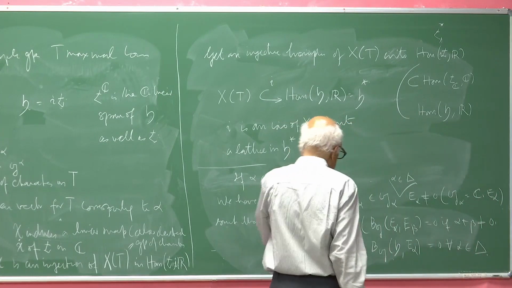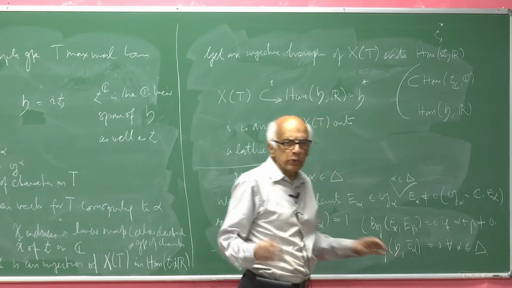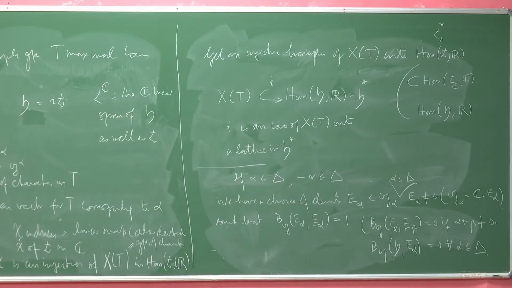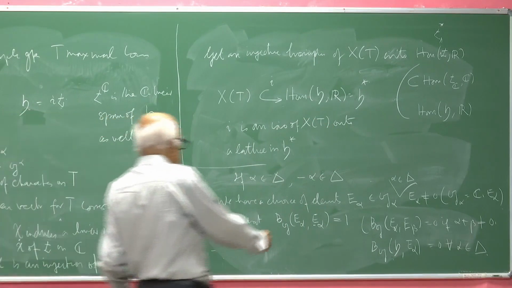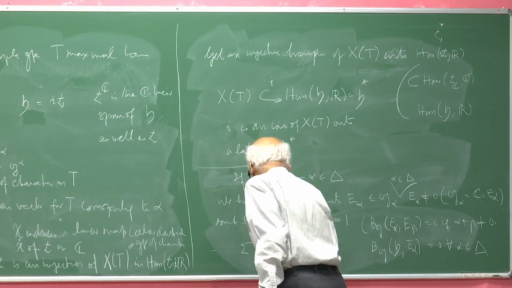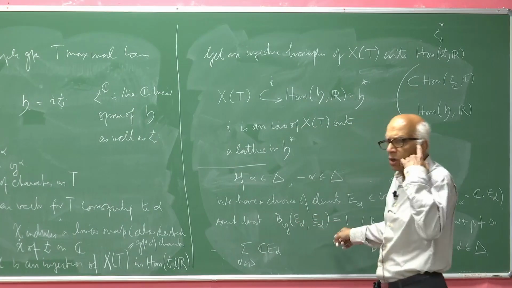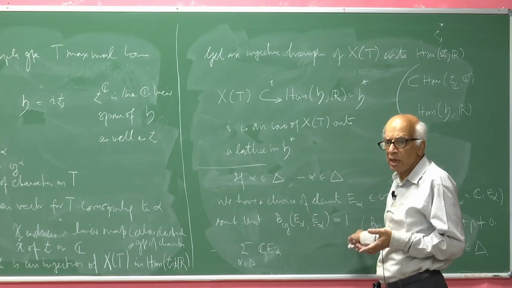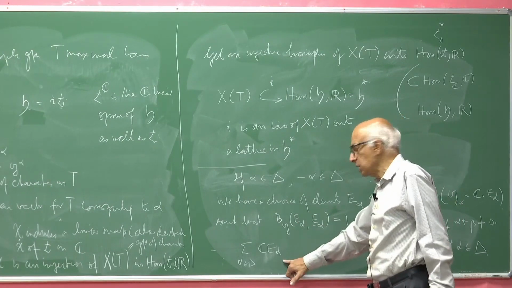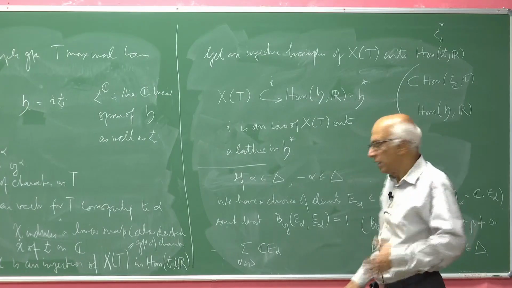So this in particular means that Bg, the Killing form, when you restrict to H, becomes non-degenerate. We know that the Killing form for a semi-simple Lie algebra is non-degenerate, and these have already been paired. If you look at the subspace generated by sigma C E alpha, alpha in delta, here the Killing form is already non-degenerate because E alpha and E minus alpha give you 1 and the others are all orthogonal to each other. So on this space the Killing form is non-degenerate, therefore it is also non-degenerate on its orthogonal complement, which is precisely this.